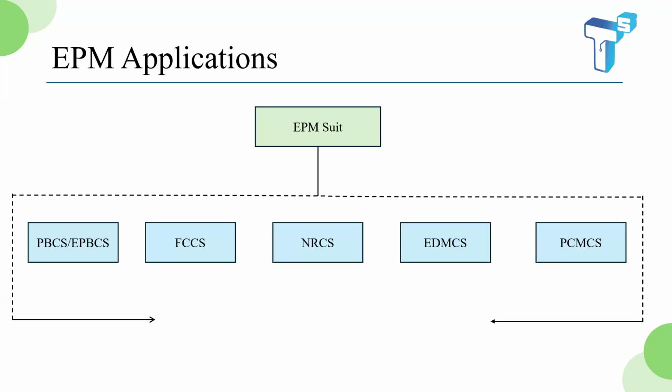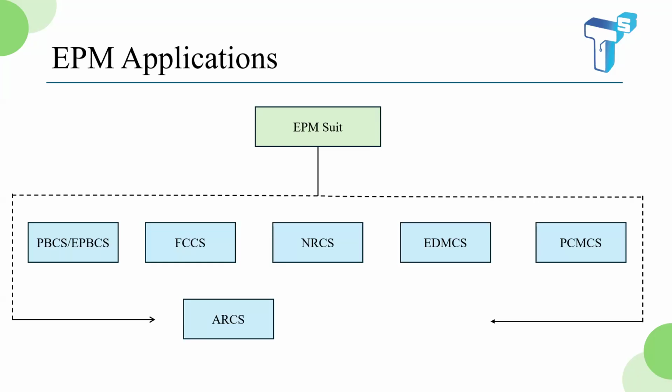So if you have to allocate the profits and the losses that the company has incurred throughout the departments and among the employees, then PCMCS is the application that Oracle is providing. And the second one is ARCS, which is nothing but Account Reconciliation Cloud Service.